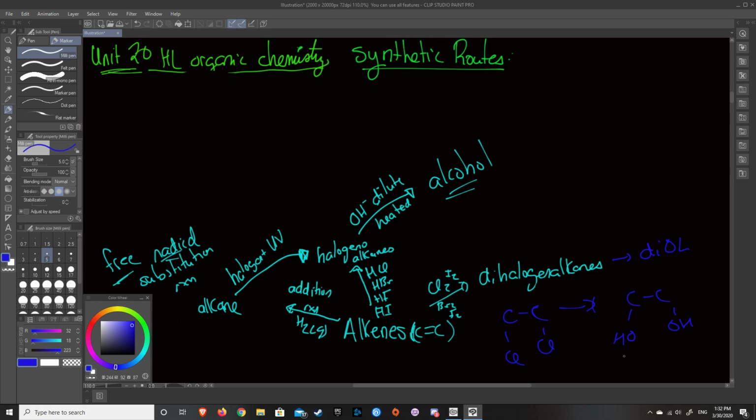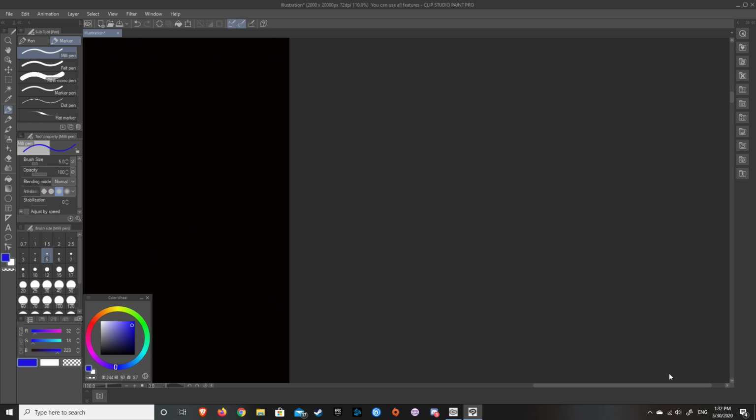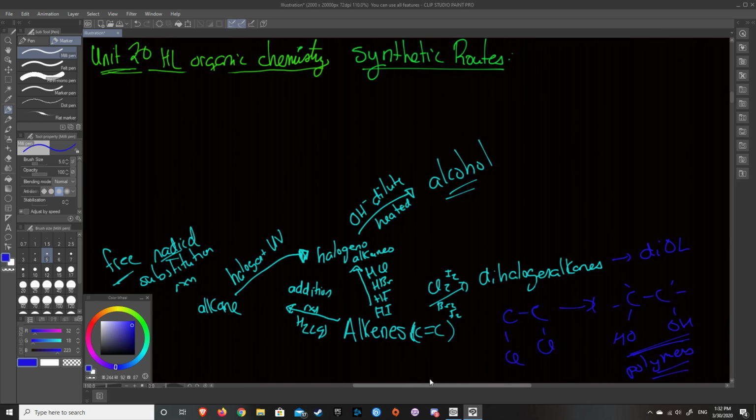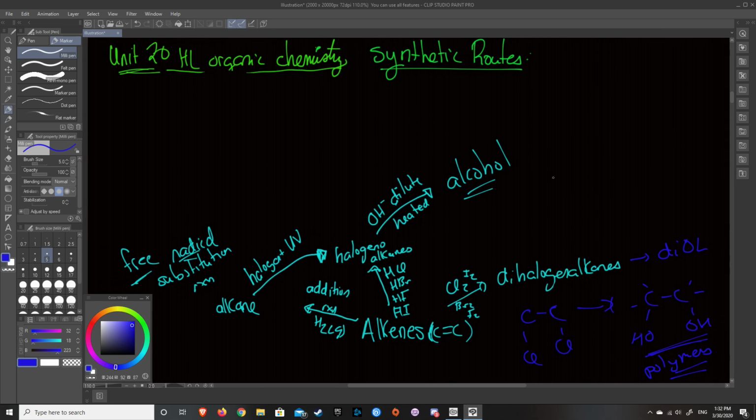And that could be useful in some sort of polymerization reaction. We've got a diol now, and diols are very useful for condensation reactions. In polymerization, it's very good for polymers. So if you don't know that, we've got to review polymers too. So again, that's Unit 10.